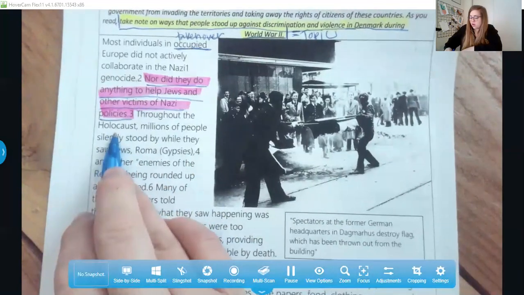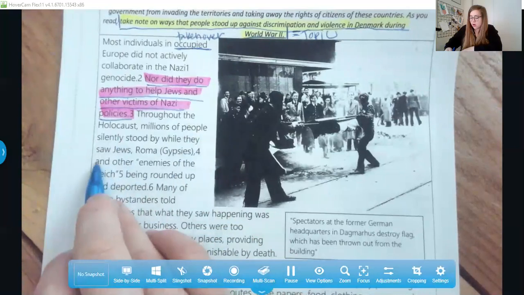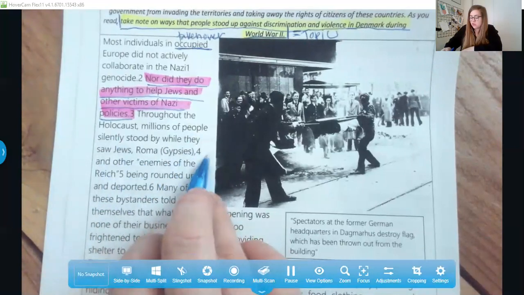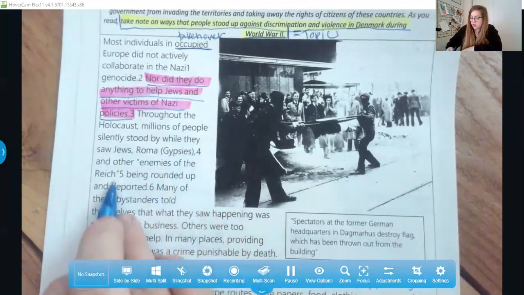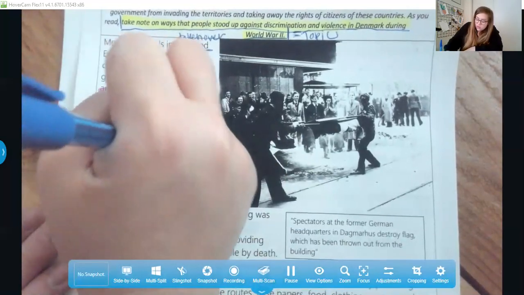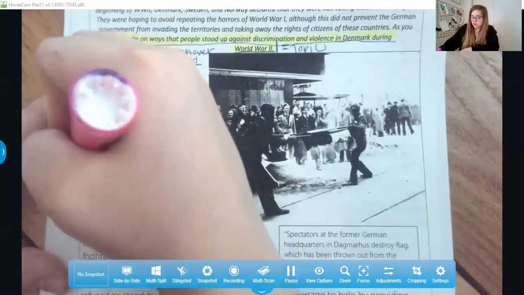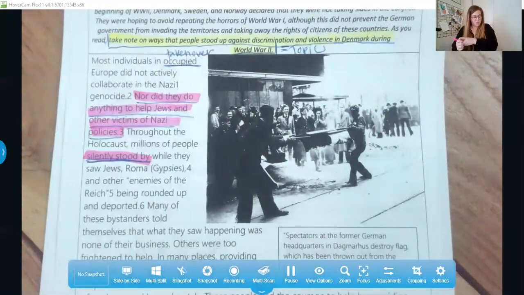Throughout the Holocaust, millions of people silently stood by while they saw Jews, Roma gypsies, and other enemies of the Reich being rounded up and deported. Right here, silently stood by is also really key in this moment. I'm gonna highlight that as well.